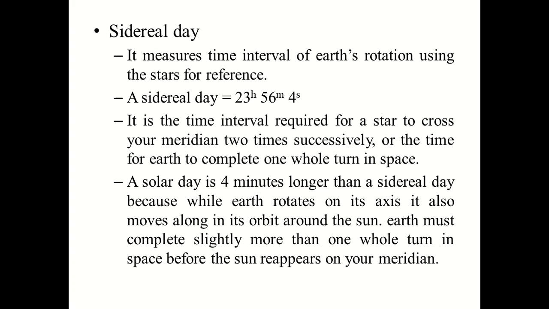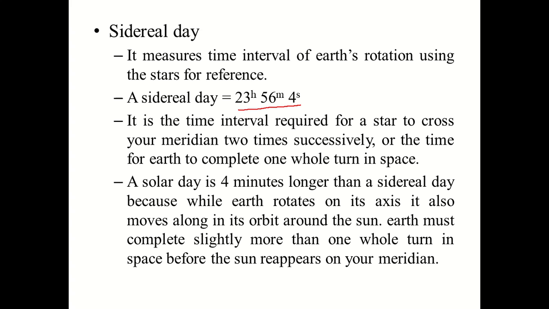That means it is the time interval required for a star to cross your meridian two times successively, or it is the time for Earth to complete one whole turn in space, which is actually 23 hours 56 minutes and 4 seconds.